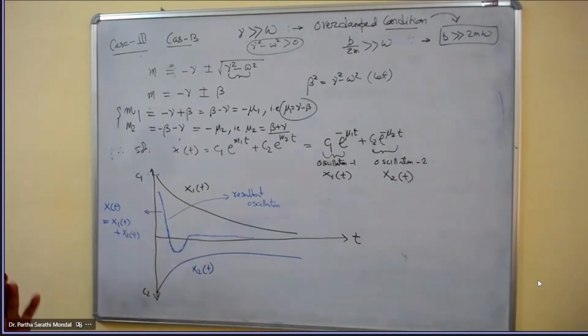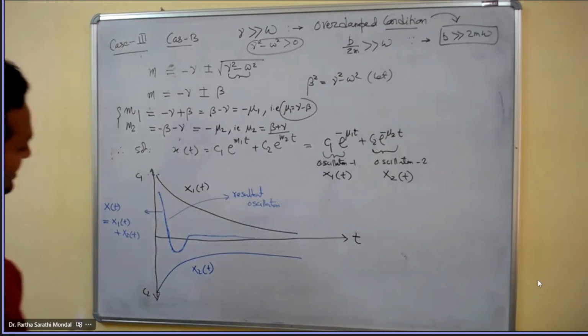Suppose you have a shock absorber in your bike. Now you get forced oscillation because of the uneven load, and you have a huge damping in your springs or shock absorbing system.